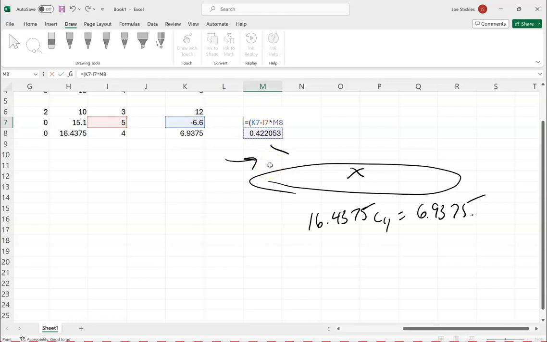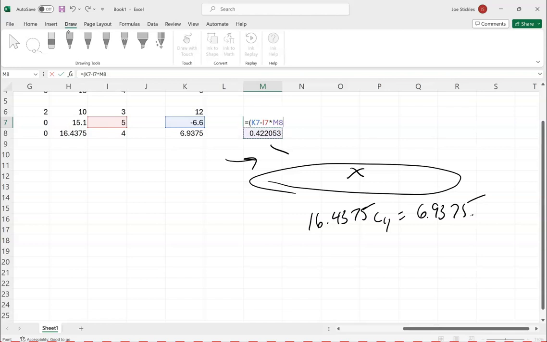So again, the idea here is I found out what C4 is. I'm plugging it into the equation. Remember, the second one is 15.1 C3 plus 5 C4 equals negative 6.6, right?